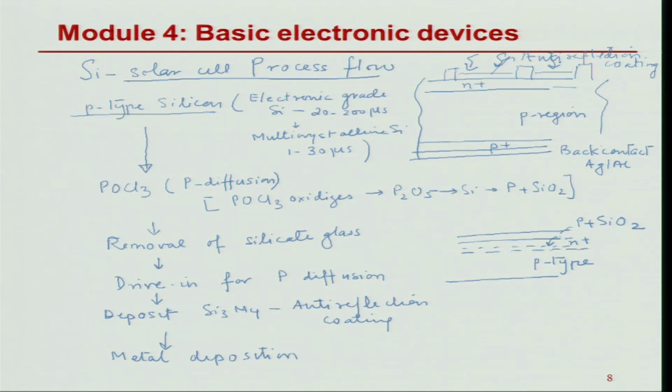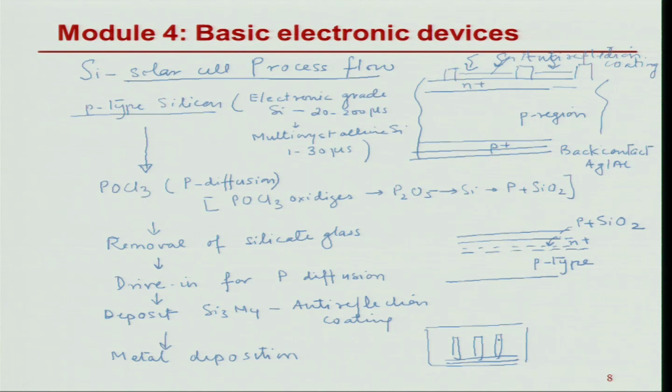So what is done is, this metal deposition is interdigitated fingers, where you make sure that there is enough free area for the light to go in, and you are able to collect the electrons which are generated. So this is the top contact structure.